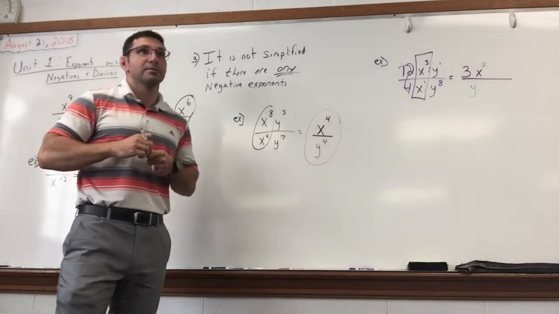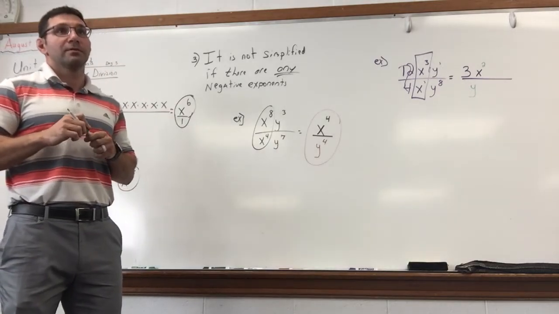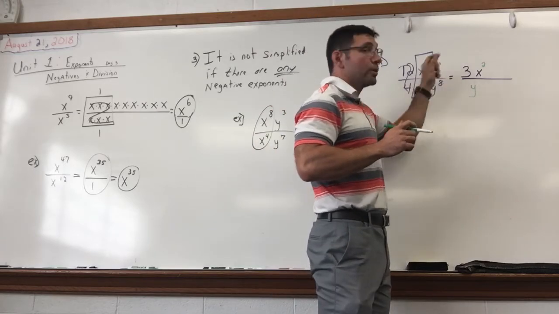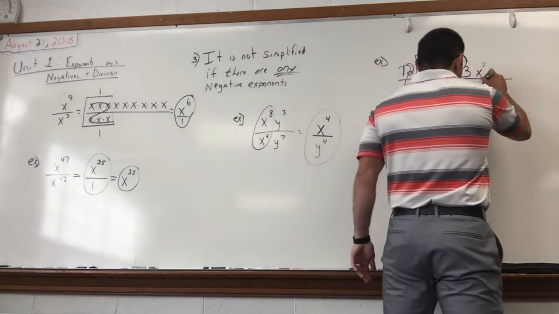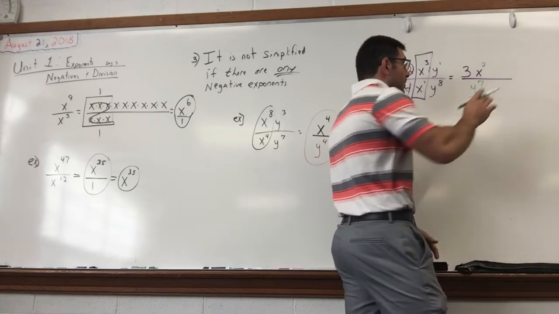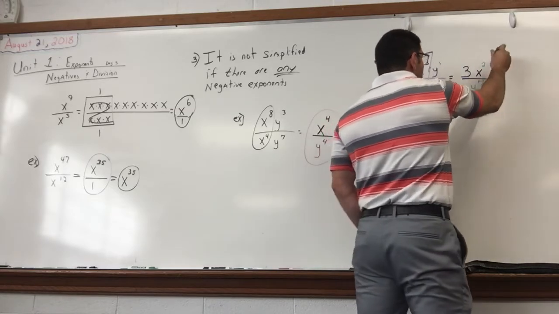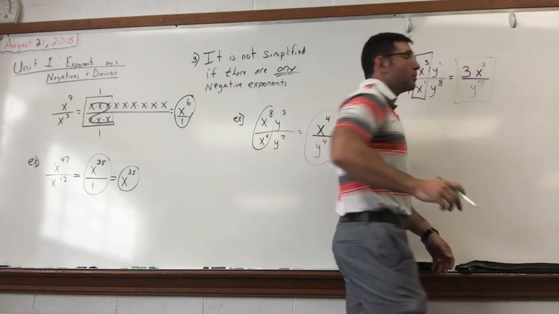You're going to add them or subtract them? Subtract, good. So we have 8, we have 1, we do 8 minus 1, which is 7. This is simplified. There's only one x, there's only one y. We're good there.